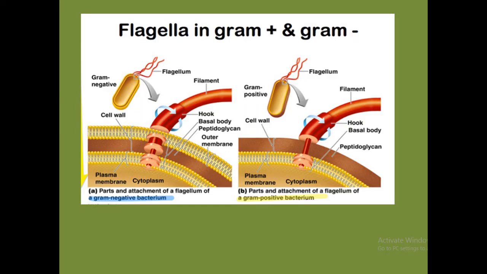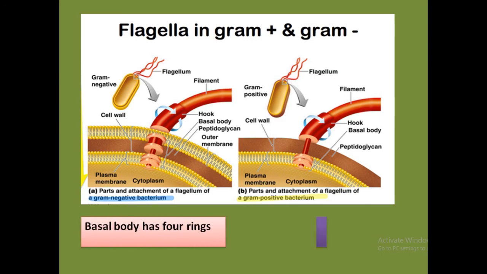Let's see more differences in the flagella of gram positive and gram negative bacteria. Here we can see the basal body has four rings: 1, 2, 3, 4. And here the basal body has two rings: 1 and 2.